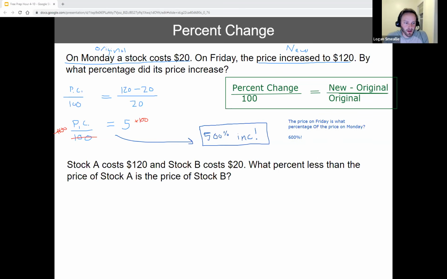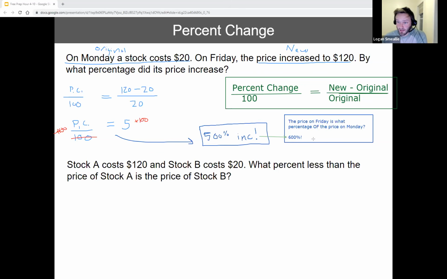You would just take the Friday price, divide it by the Monday price, and you would have the Friday price is 600% of the Monday price. That actually goes along perfectly with the fact that it's a 500% increase. And just take note of the fact that we have this 100% differential between the percent increase and the percent of.